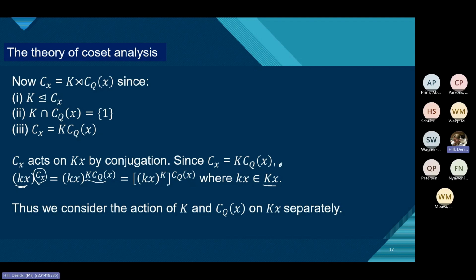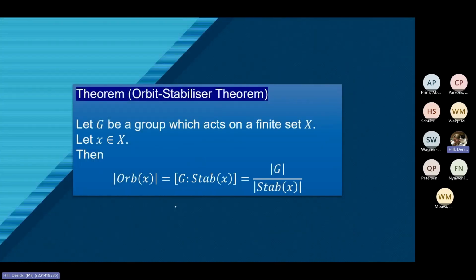And since it is a group action, this is the same as first acting K on Kx and then acting CQ(x) on that. Therefore, we can consider the actions of K and CQ(x) on Kx separately. Since we first act K on our coset Kx, we're going to look at that action first.